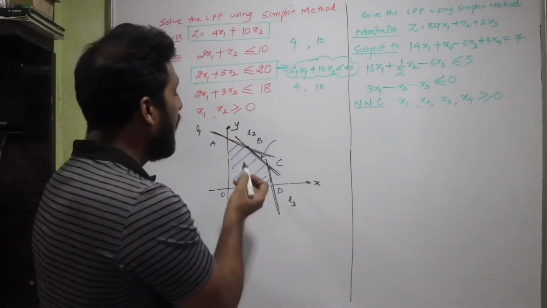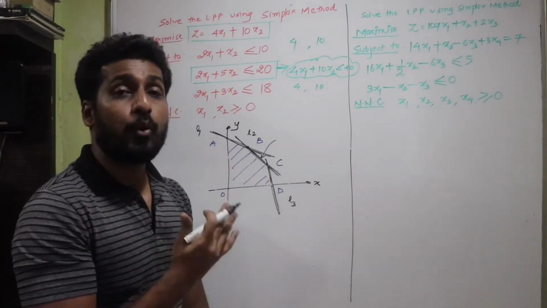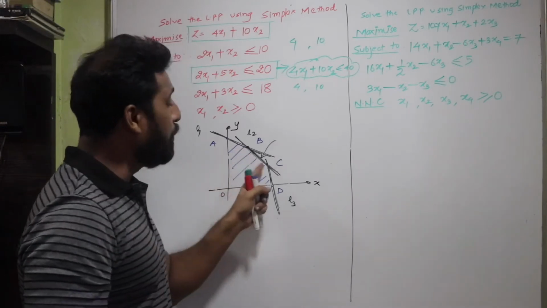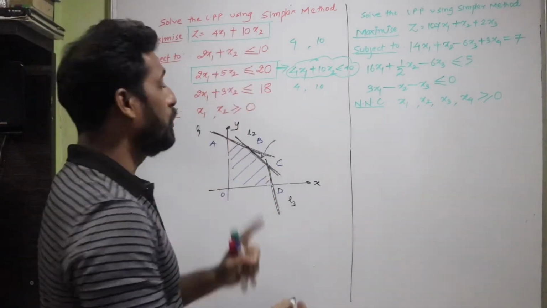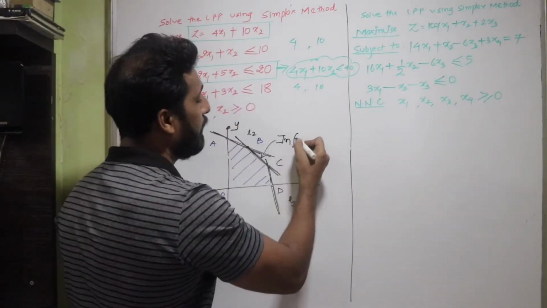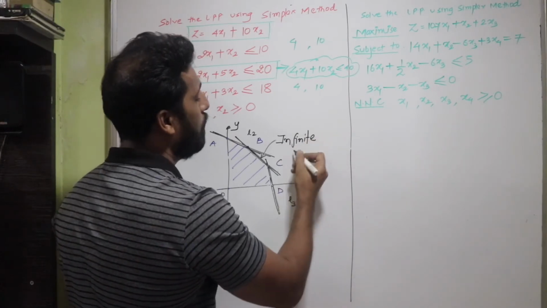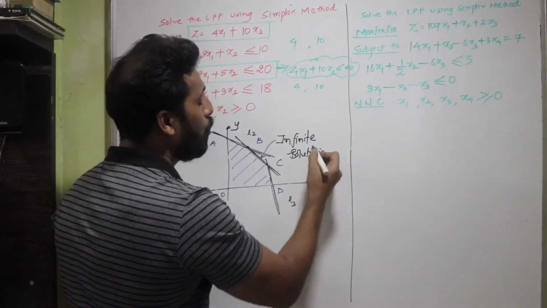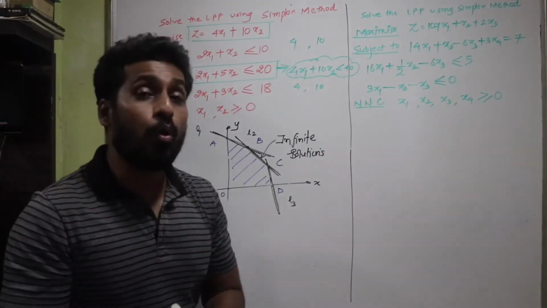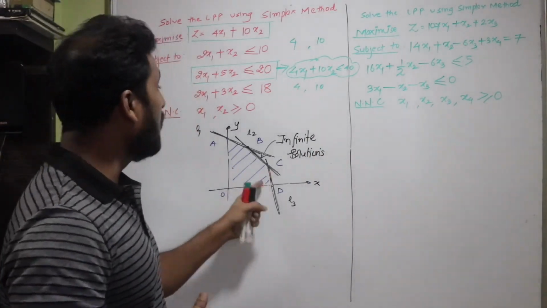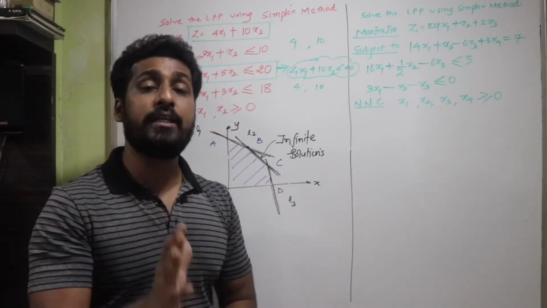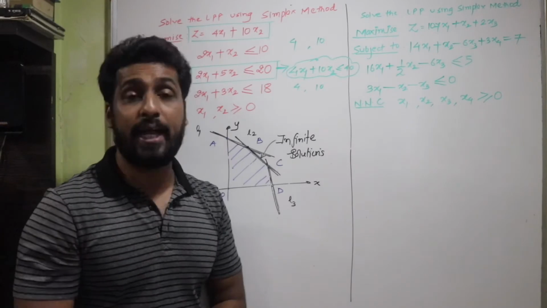That's why the given LPP has infinite solutions. So it's very simple: if you get 2 or more points giving the optimum solution, the problem has infinite solutions.